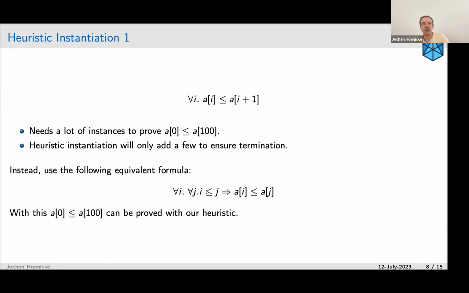And it allows you to prove the same property with just one instantiation. And our heuristic will find this instantiation. So sometimes if it cannot prove your quantifiers, you can try to think about whether you can help the proof by formulating the quantifier in a different way?